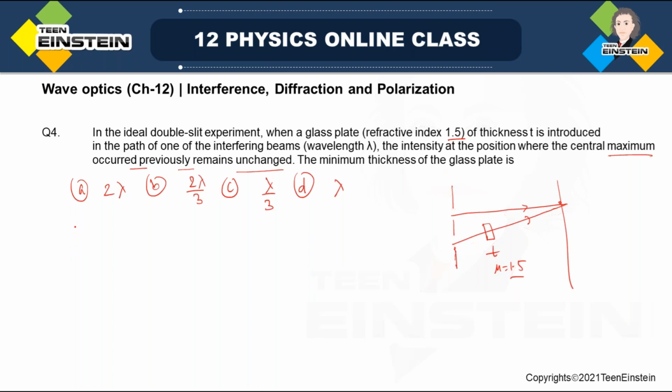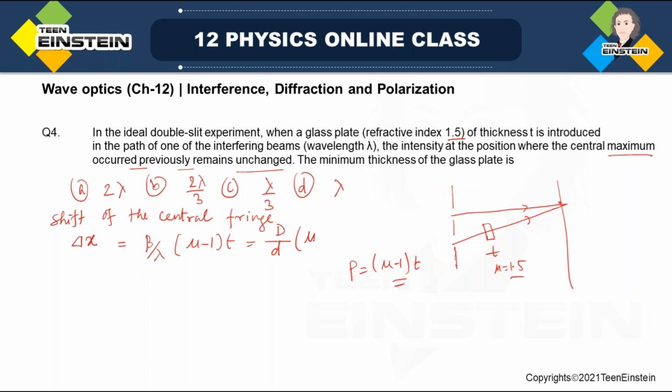When a transparent sheet, whether it is glass or something else, is introduced in the path of one of the beams, then the path difference introduced is (mu minus 1) into T. And the shift of the central fringe will be given by dx is equal to beta by lambda into (mu minus 1) into t, where beta I can write as d lambda by d, so dx is equal to (small d) by D into (mu minus 1) into t.